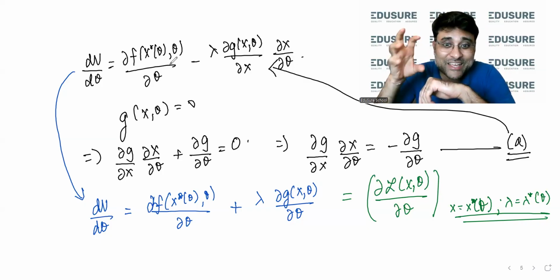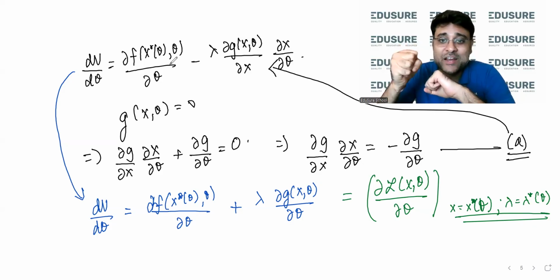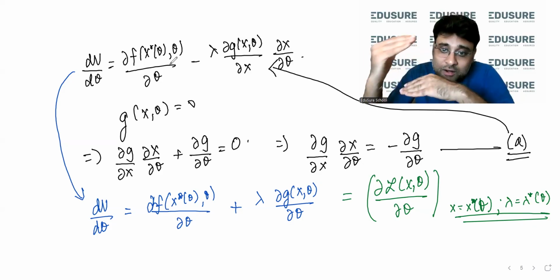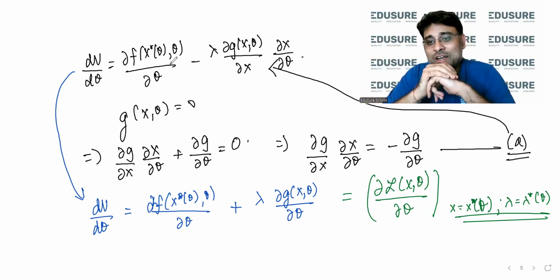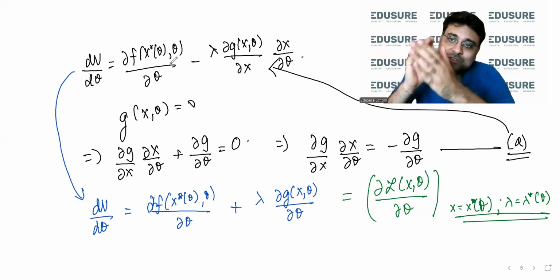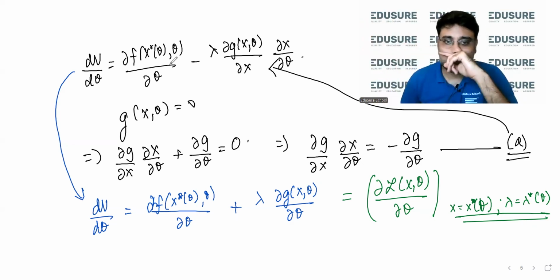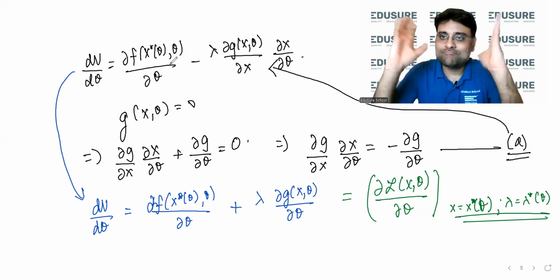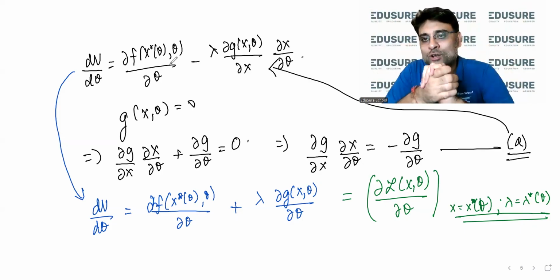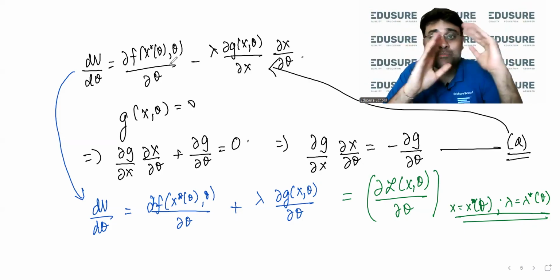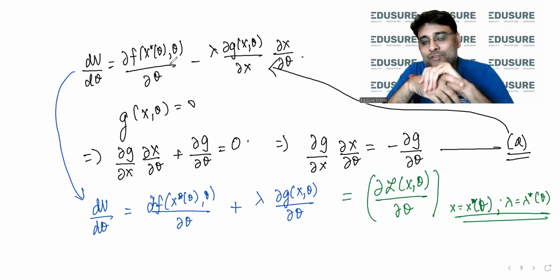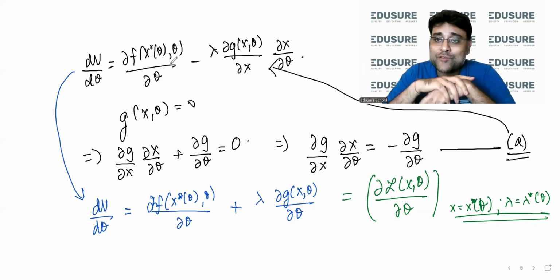It effectively combines the direct effect of theta on the objective function f and the indirect effect of the constraint g. Okay, so we have taken a look at the envelope result from the point of view of f as well as from the point of view of Lagrange.